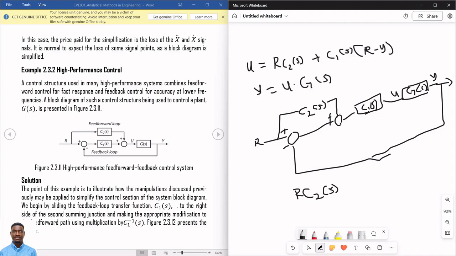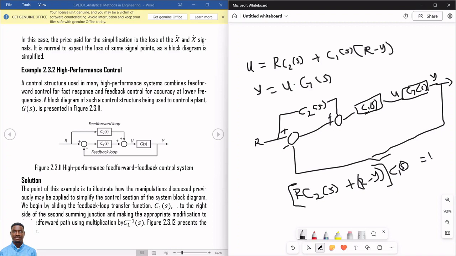R minus Y comes here. So plus R minus Y in brackets. So all of that will run into this C1S. So let me just put a large C1S. So when all of that runs into C1S, they will now give U.